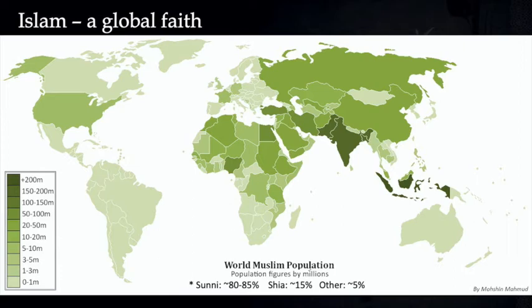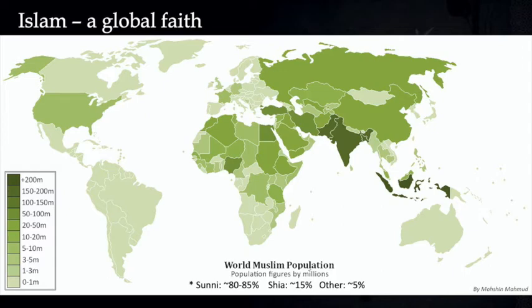The major division to worry about is the division between what we consider maybe mainstream Islam, called Sunni Muslims. And we'll talk about one slide late in the lecture how this split occurred. That's about 80-85% of the world's Muslims. Another branch of Islam are the Shiites.